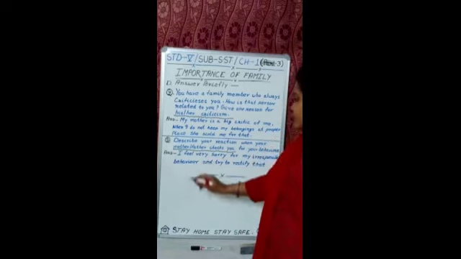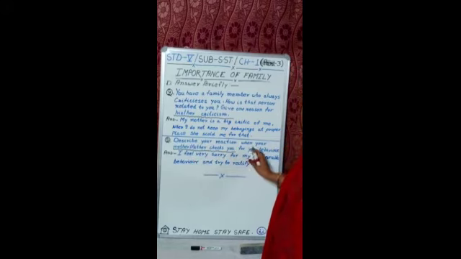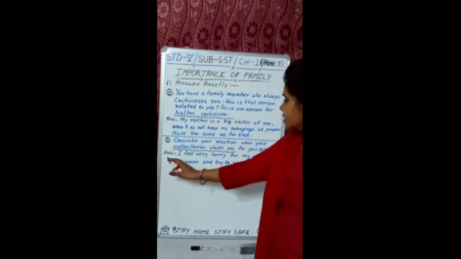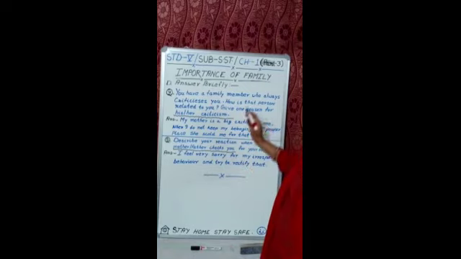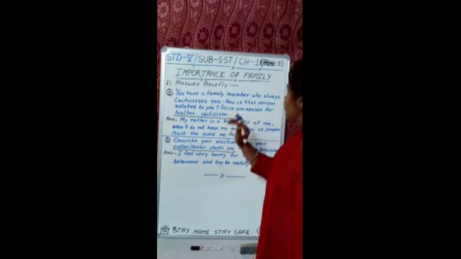Question number 5. Describe your reaction when your mother or father checks you for your behavior. The answer is here. I feel very sorry for my irresponsible behavior and try to rectify that. So children, that's all about today's part 3.